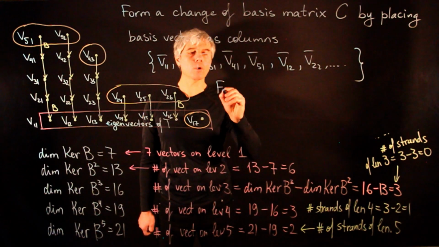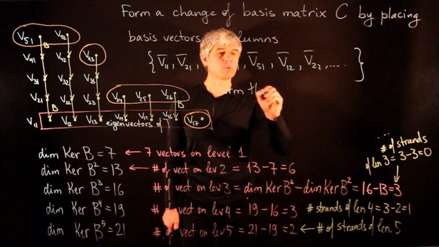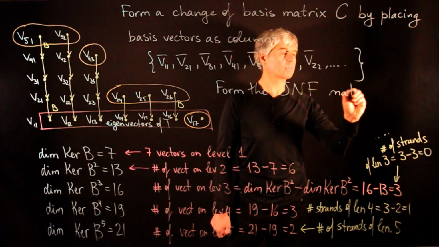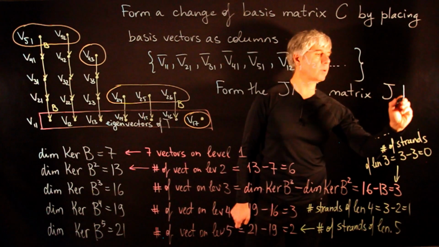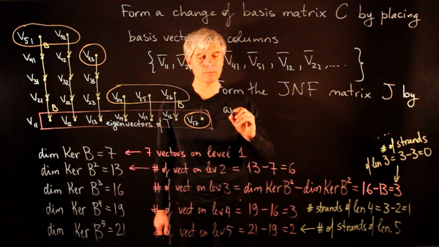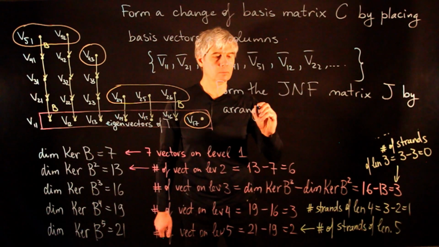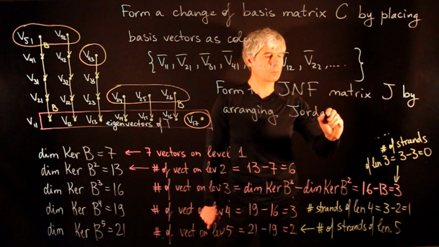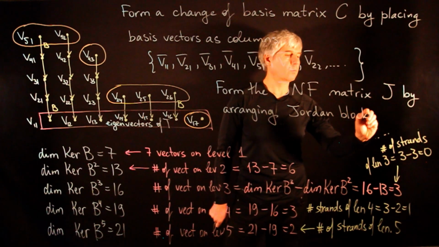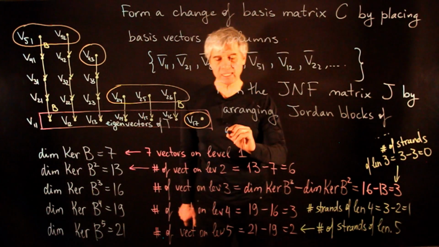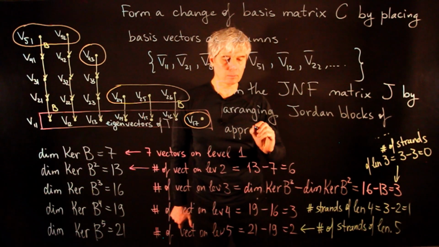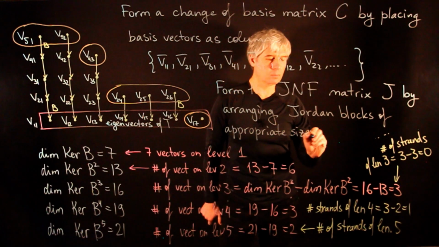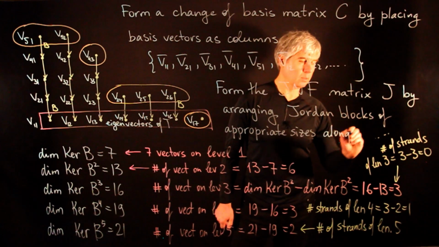And then we form the Jordan normal form matrix J by arranging Jordan blocks of appropriate sizes along the diagonal.